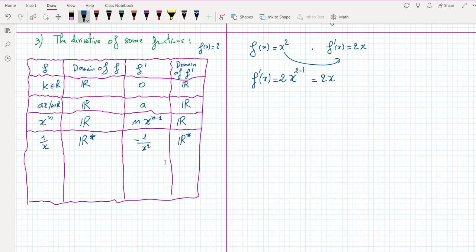If we apply the operation for 1 over g, whose derivative as previously is minus g prime over g squared, on 1 over x, we find minus the derivative of x over x squared. We know that the derivative of ax is a, so the derivative of x is 1. So it's minus 1 over x squared.